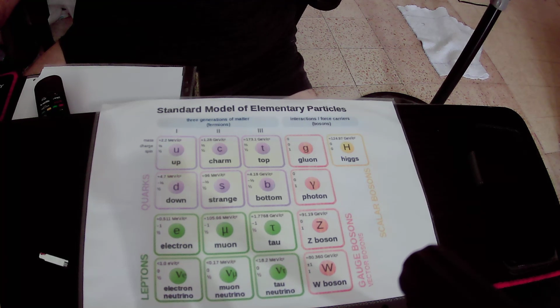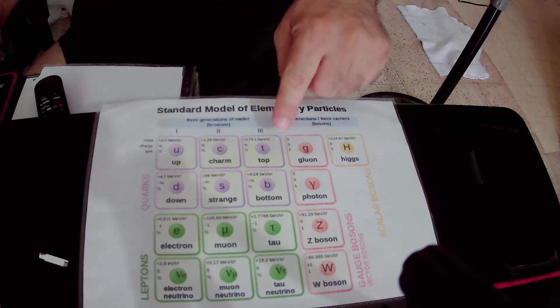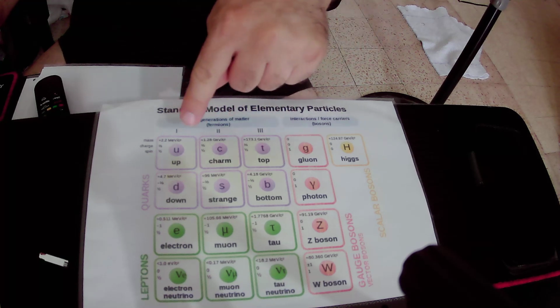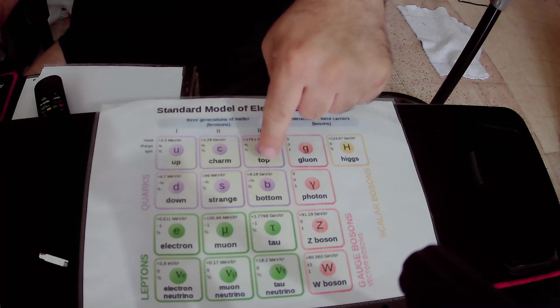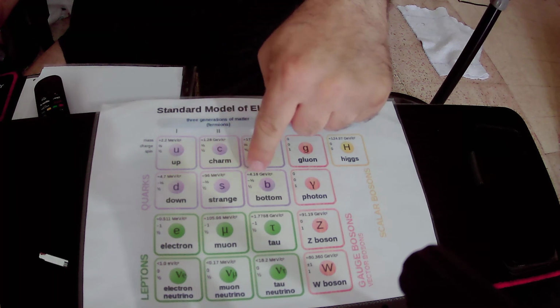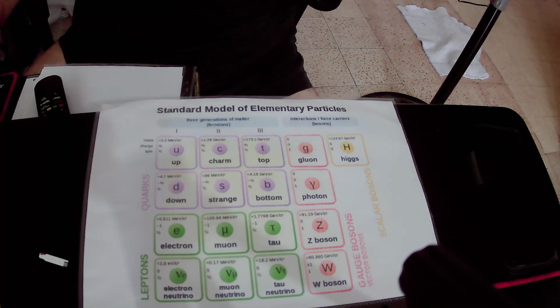Okay, so as I have already said, there are a total of 17 elementary particles, which include 6 quarks. The particles in the purple color are the 6 quarks, and 6 leptons.